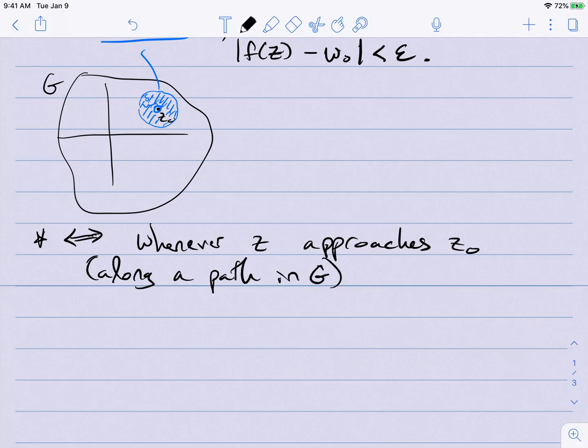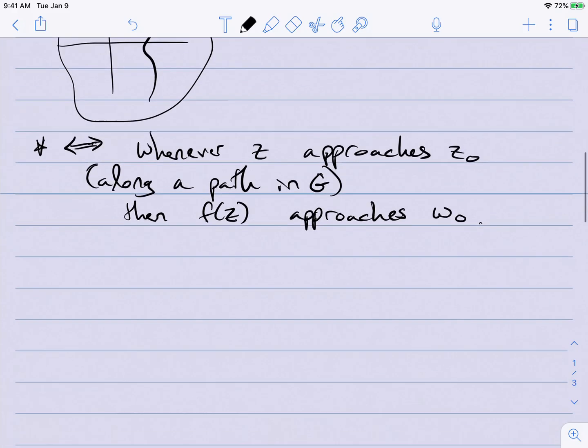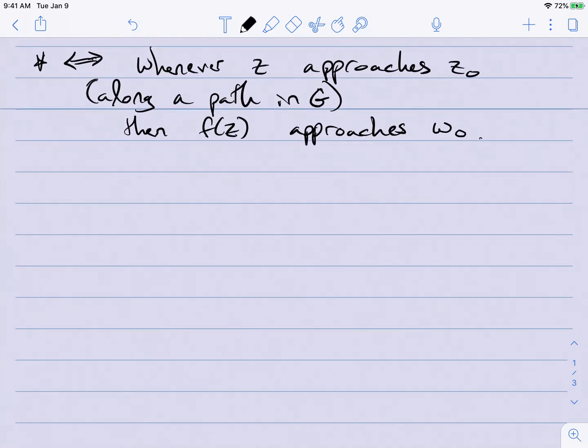But whenever I'm approaching z naught along some path which is staying inside of G, then f of z approaches w naught. And by approaches, I just mean gets arbitrarily close, right?